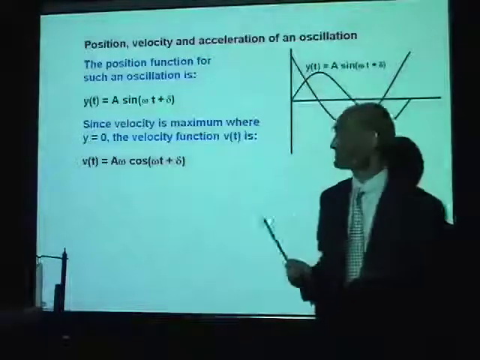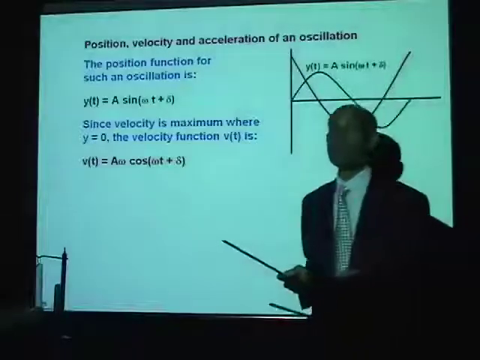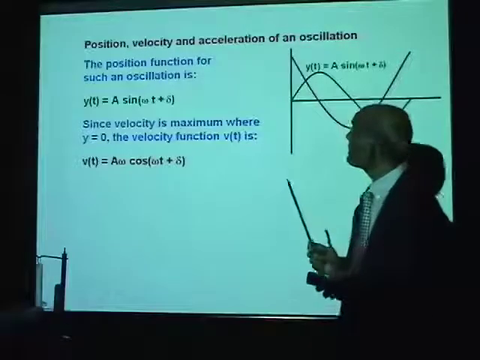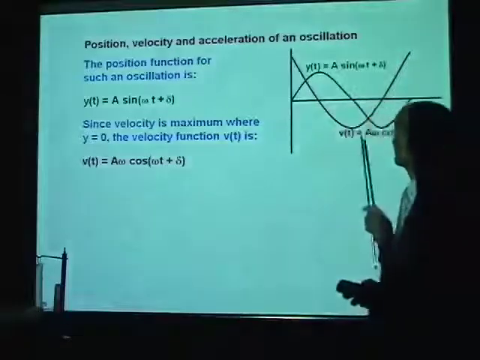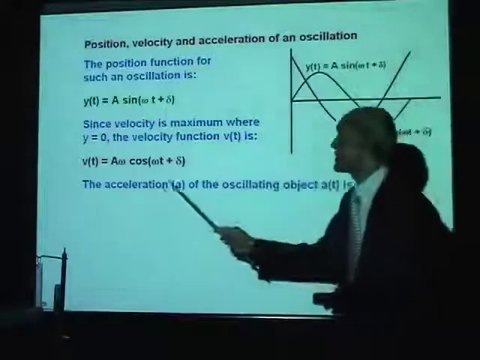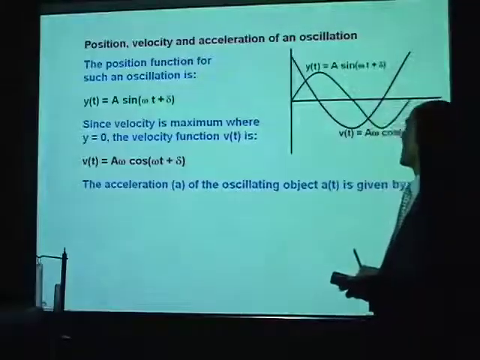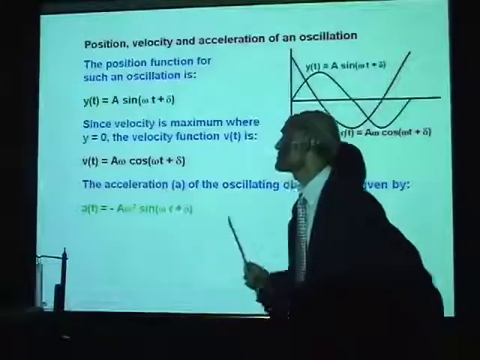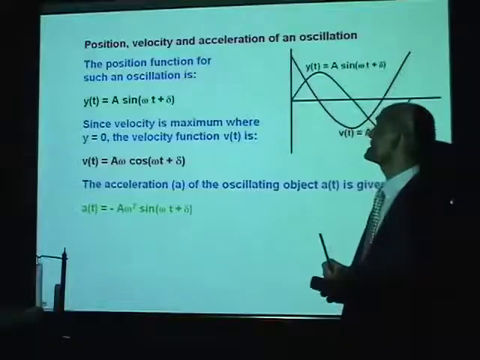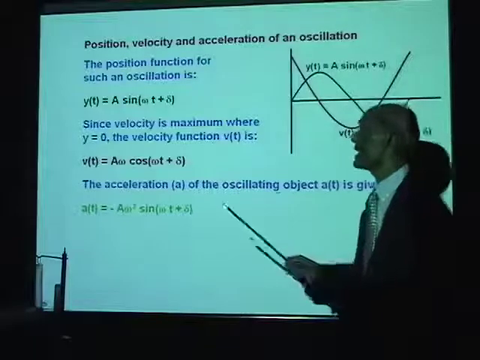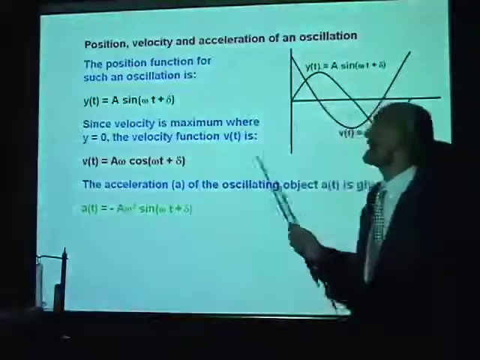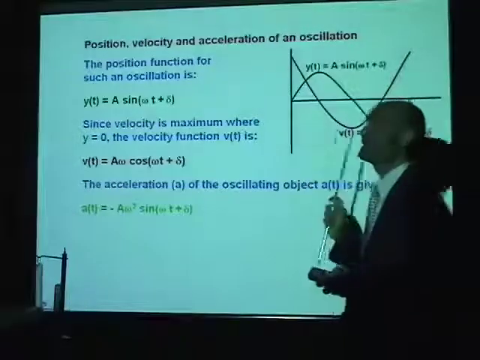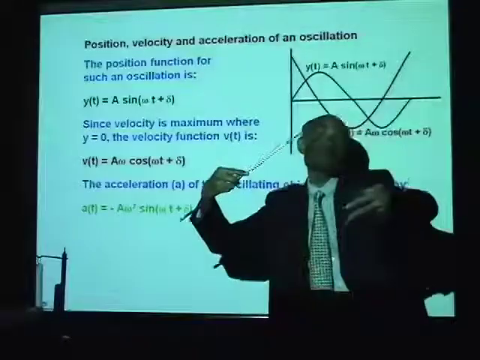That's very interesting. How about acceleration? Where is the acceleration maximum? The acceleration is maximum at the two extremes. All right? The acceleration a of the oscillating object is given by, look at the equation, negative a omega squared sine omega t plus delta. Well, it's negative. That means, now if this is sine omega t plus delta, you can make it negative by simply inverting it.